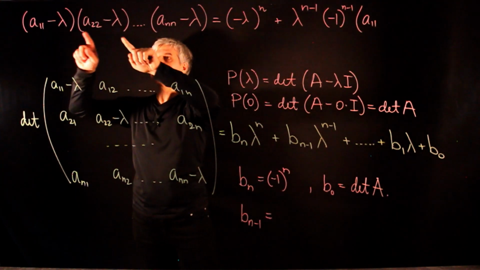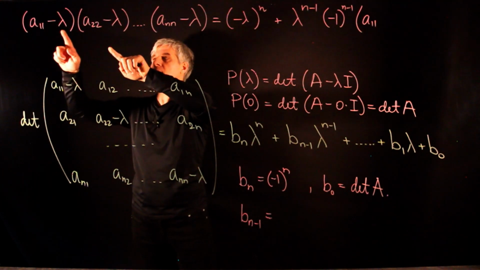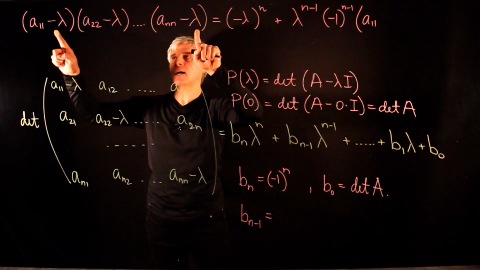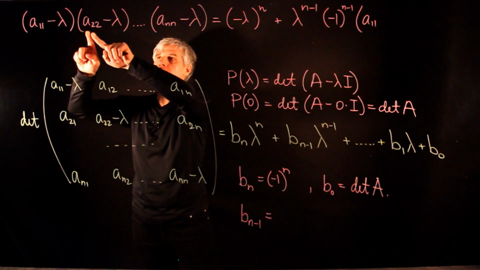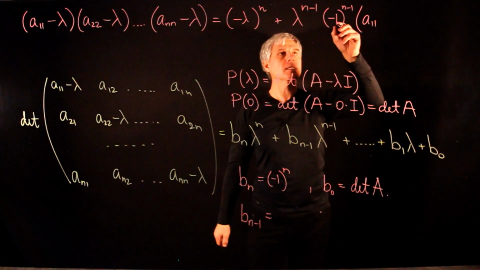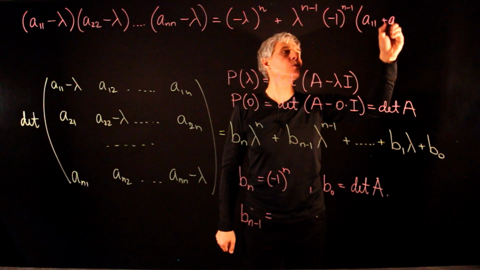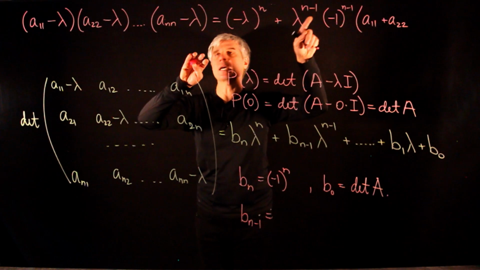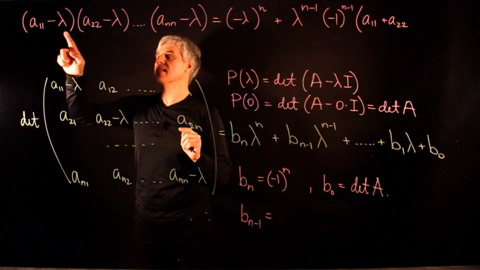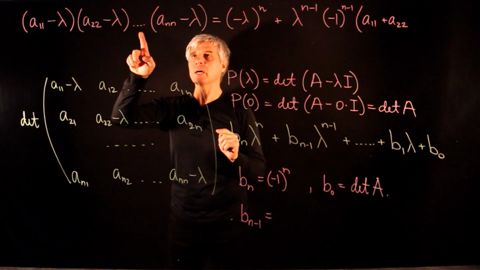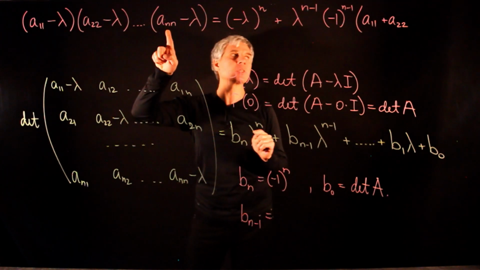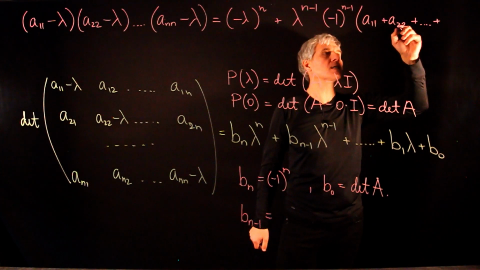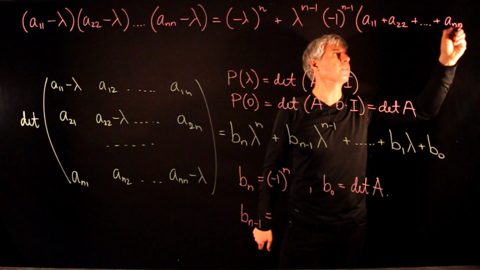Then we can skip the second factor and take minus lambda from the first, third, and up to the last factor, and take a22 from the second factor. This will give us minus 1 to the n minus 1 times a22. And so on. The last term with lambda to the n minus 1 will be when we take minus lambda from the first n minus 1 factors and ann from the last factor. So what we get is the sum a11 plus a22 plus ... plus ann.